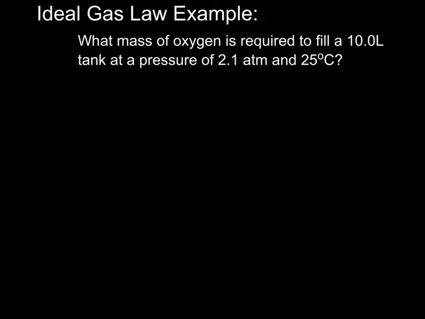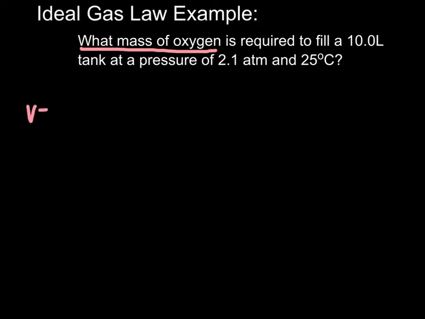All right, let's take a look. What mass of oxygen, here's our first clue that this is different than other problems that we've been doing this unit. We're looking for mass here. And we're asked, what mass of oxygen is required to fill a 10.0 liter tank?